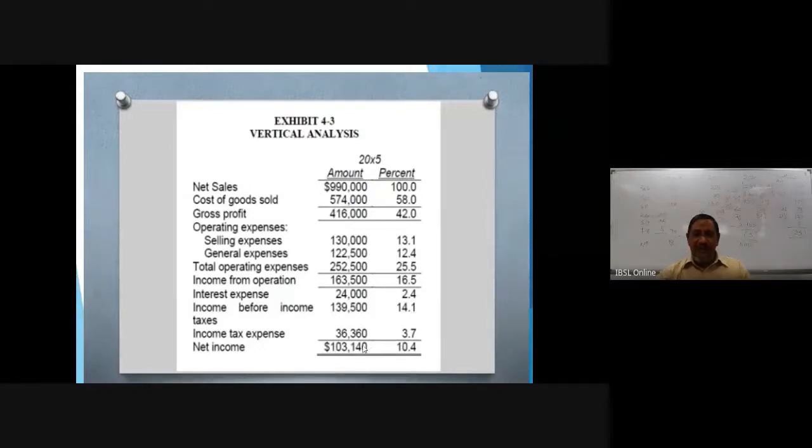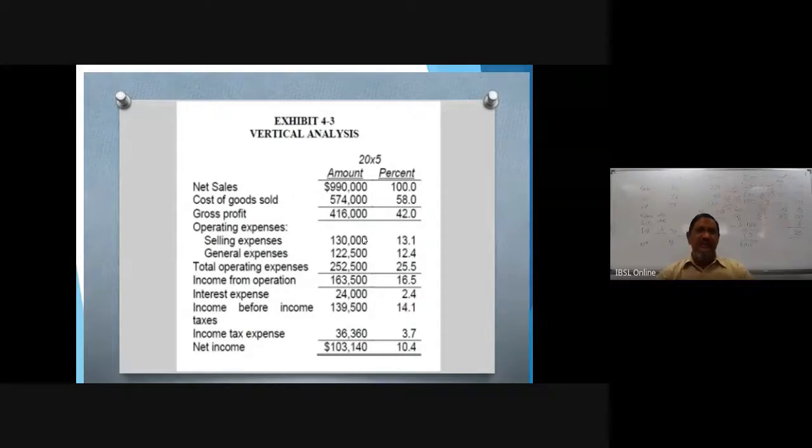The income tax expense of 36,000 is 3.7%. 14 minus 3.7 is 10.4. In other words, net income 103,140 over sales 990 is equal to 10.4%. So each and every item shows its relation to the sales. What percentage from sales? So that's how the vertical analysis is calculated.